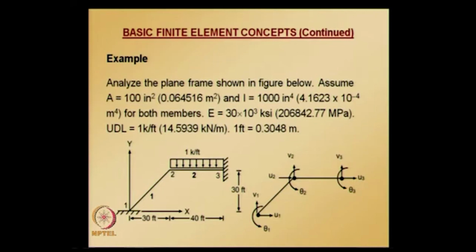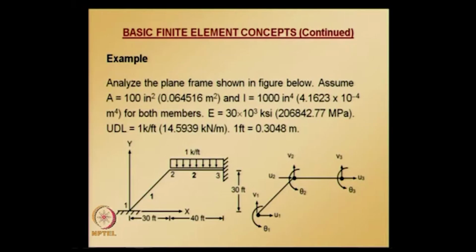And please note that for the element numbers and the node numbers given in the figure, node 1 is fixed, all degrees of freedom are constrained, that is U1, V1 and theta 1.